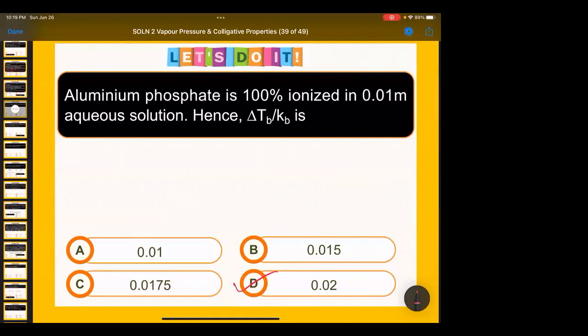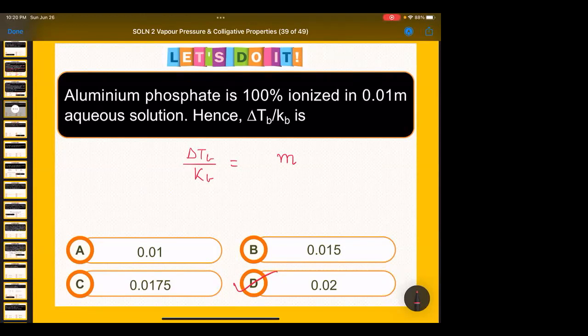So delta TB, the boiling point elevation, divided by the molal boiling point elevation constant Kb, is equal to the molality. But that is the molality if your solute is non-electrolytic, meaning it is not associating or dissociating into ions.